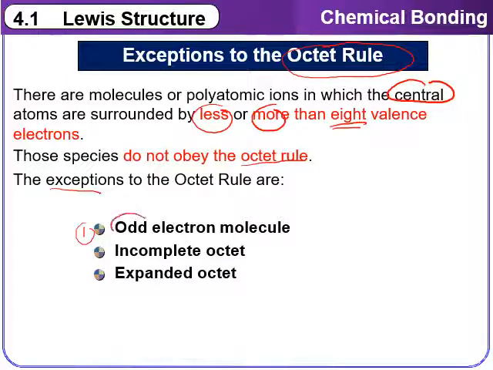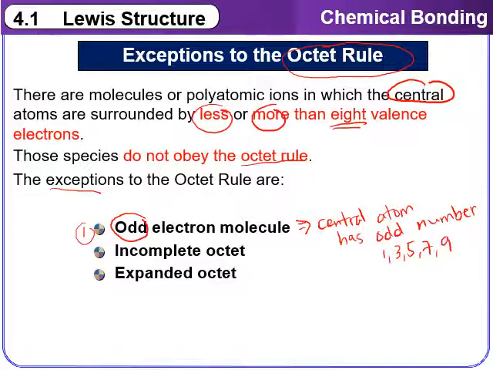From the word odd electron, we roughly get the idea the central atom has an odd number of electrons, can be 1, 3, 5, 7, 9. Mostly it refers to 7 or 9 electrons surrounding the central atom.